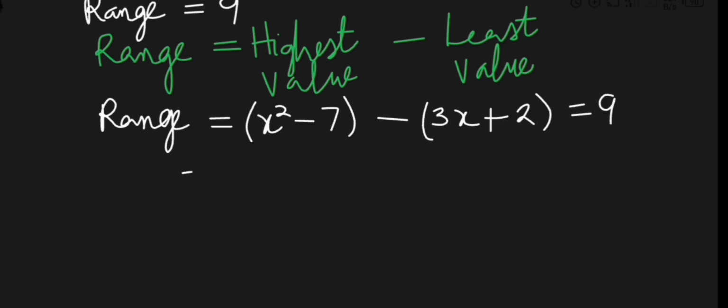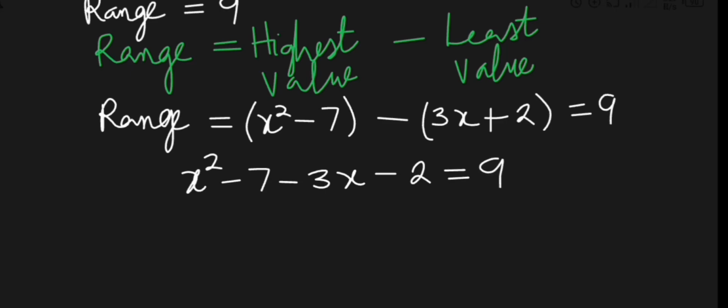We have that x squared minus 7, then distributing minus to the second bracket, we have minus 3x minus 2, and that's equal to 9.